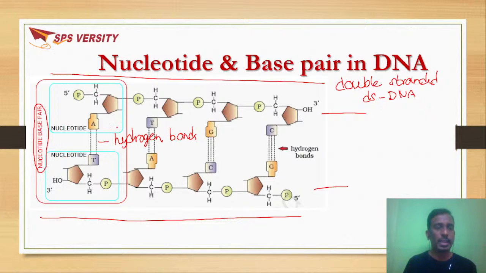So in a base pair, there are 2 nucleotides, one belonging to one strand, another belonging to the other strand. And the 2 nucleotides are linked by hydrogen bonds between the nitrogen bases. So here you can see 2 hydrogen bonds are formed between adenine and thymine. Here 3 hydrogen bonds are formed between guanine and cytosine.